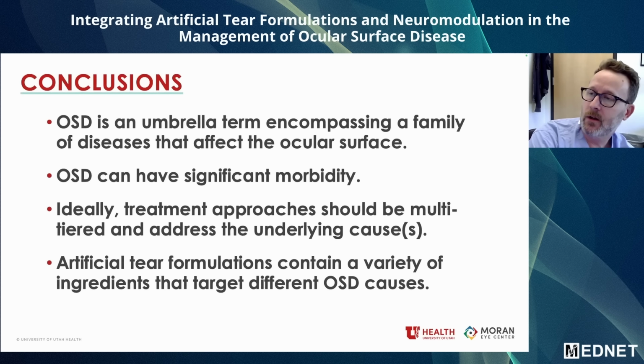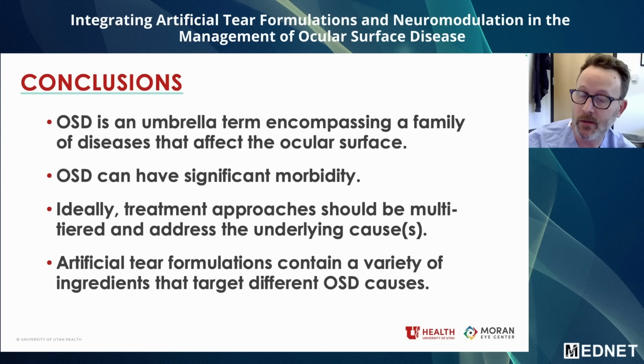So in conclusion, I'd say ocular surface disease is an umbrella term. It encompasses a family of diseases that affect the ocular surface. It can have significant morbidity, and ideally, treatment approaches should be multi-tiered and address the underlying cause. I will tell you, when I talk to my patients about this, my main message is that if you try an artificial tear and you're using it for 2 weeks and you find that brand's not good for you, just switch.